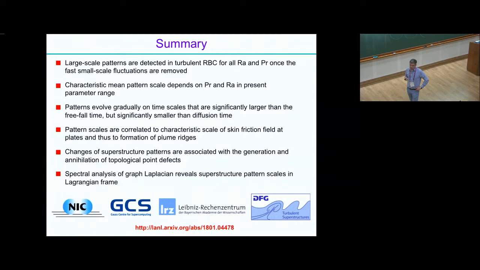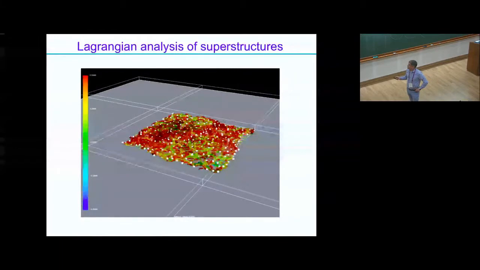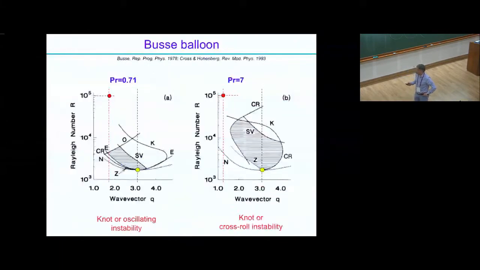Well, at the onset, it's all the same. Well, a little bit. Probably should go back to the Busse balloon. I know you showed it, where you are. Yes, it looks like these scales with increasing Rayleigh, that's a trend which we see for all of them. They go to the left, so smaller wave numbers, larger wavelengths.